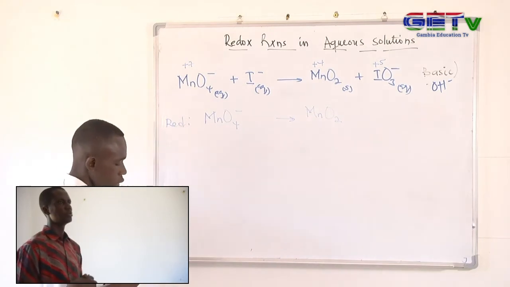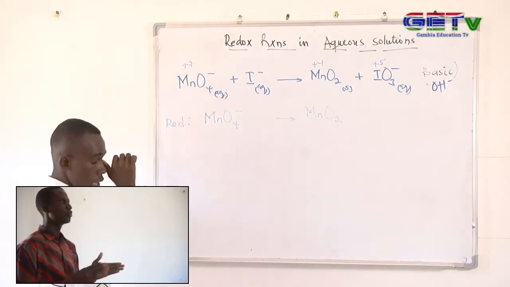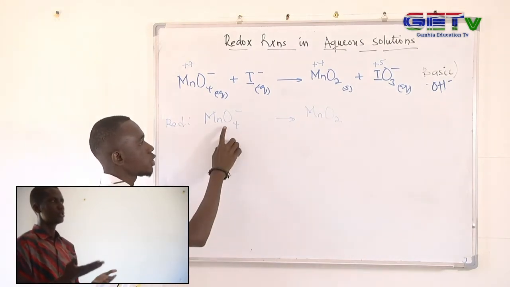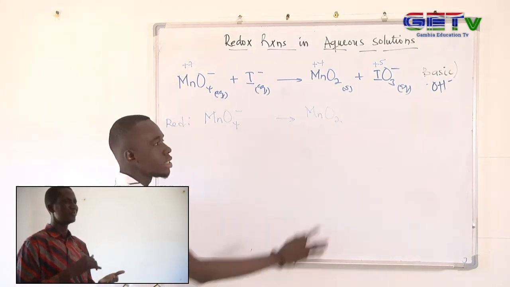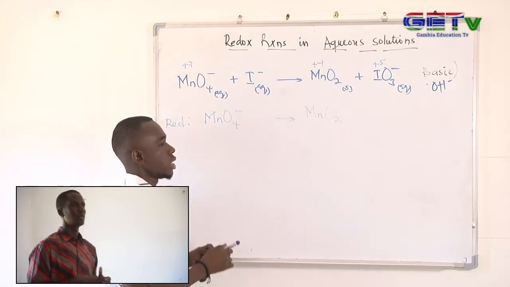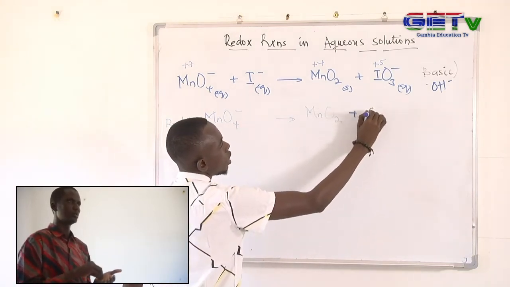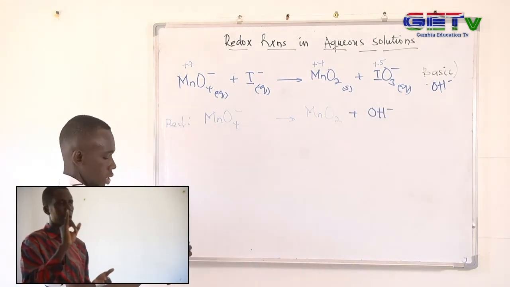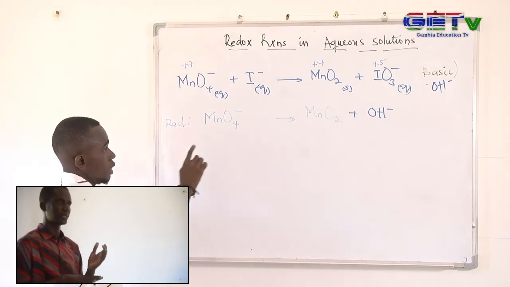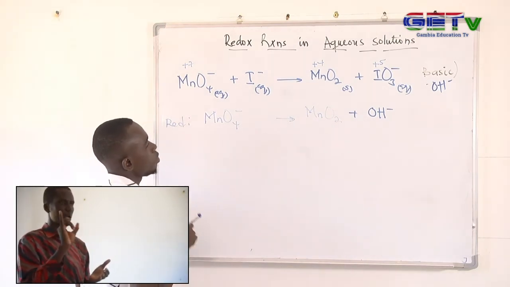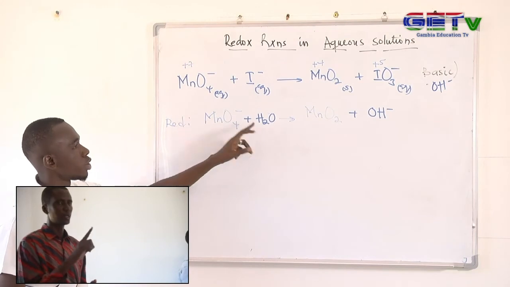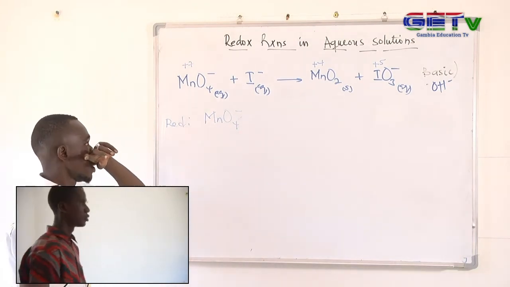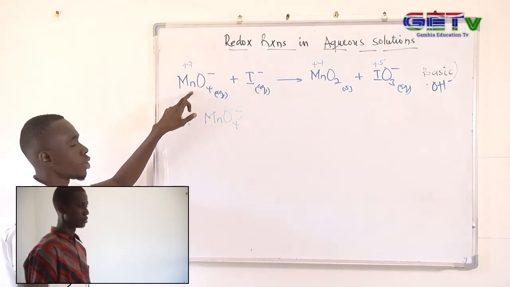Now we need to add the OH minus to the side containing less oxygen, and this is 4 and this is 2, which means this side contains less oxygen. Therefore, we will add here hydroxyl ion. Now, if we add hydroxyl ion here, we must add water molecules on this side. On the reduction reaction, this species is undergoing reduction.